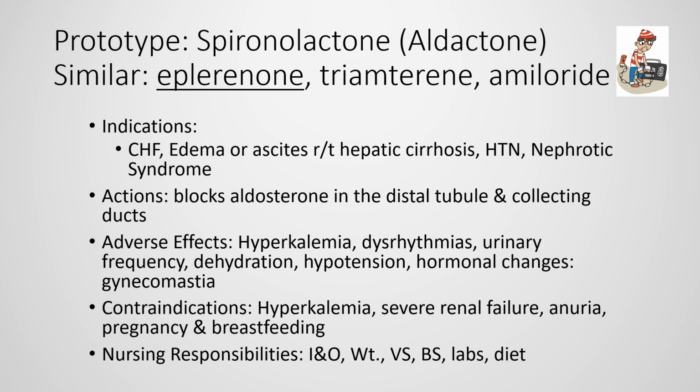Eplerenone is really just a new spironolactone. It would be much more expensive. And there's two others in the group, triamterene and amiloride, and they all create diuretic effects, meaning produce or diurese the system by producing more urine, but they don't drain potassium from the system.